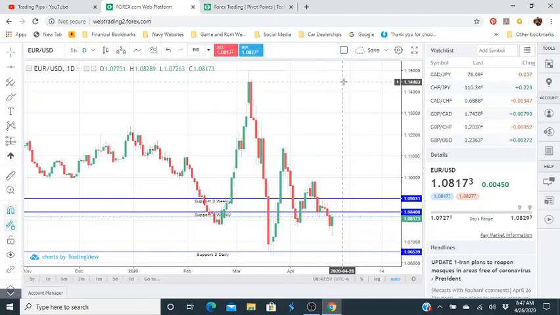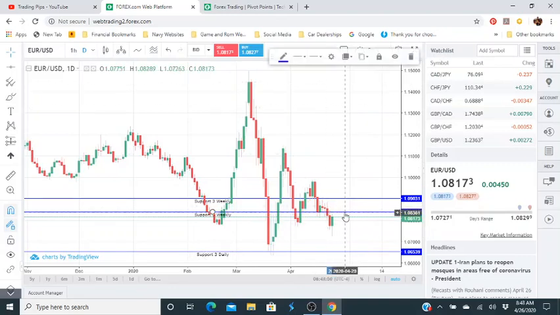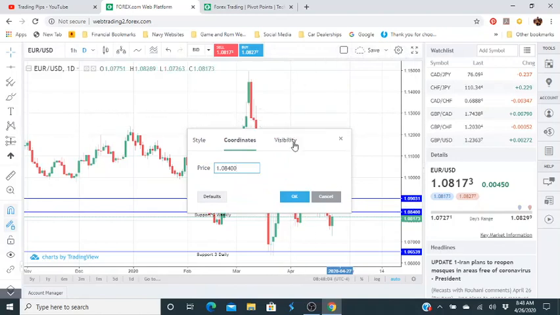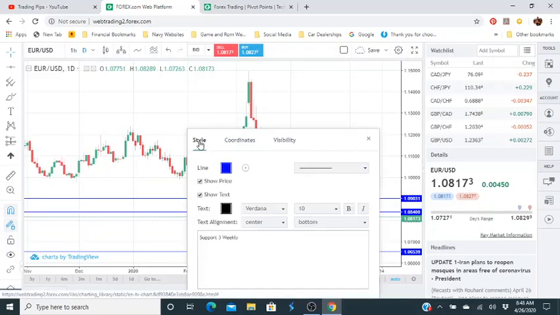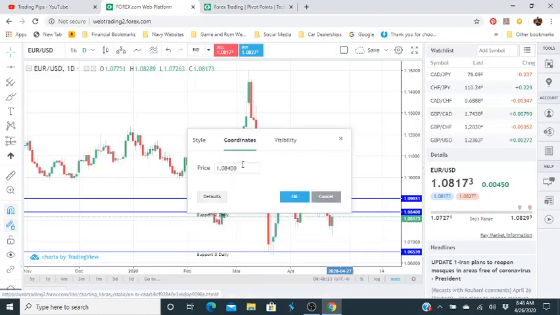We're gonna right click on it, or you can left click on it. Either way, click on your settings again. Same thing for visibility. Change it. Get rid of the weekly tab. We're gonna change this to support 2 daily, and we're gonna go over here to coordinates.